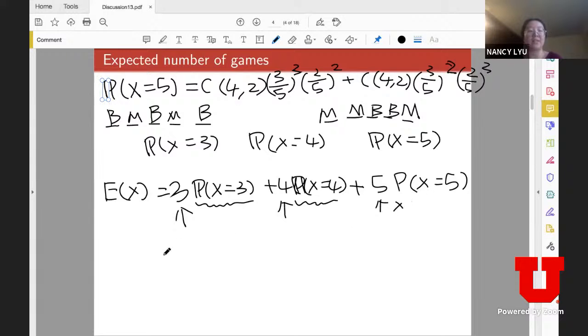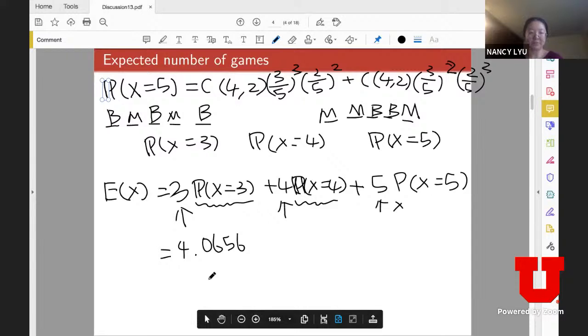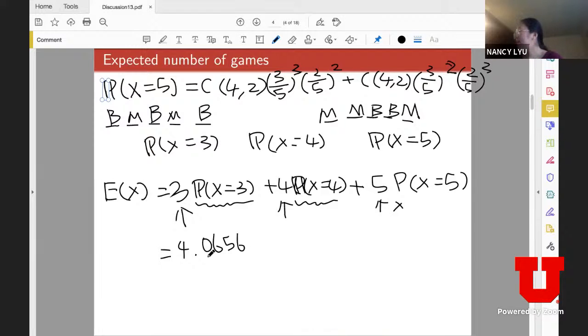And this will give you the average of the length. And this comes to some number like 4.0656. Any questions, or does this make sense at all?